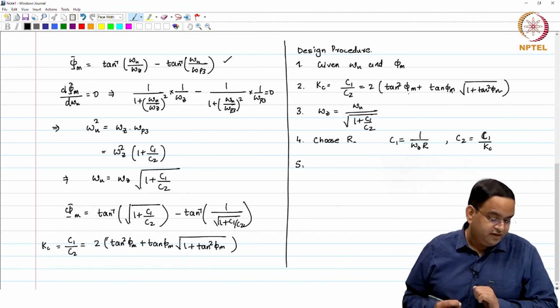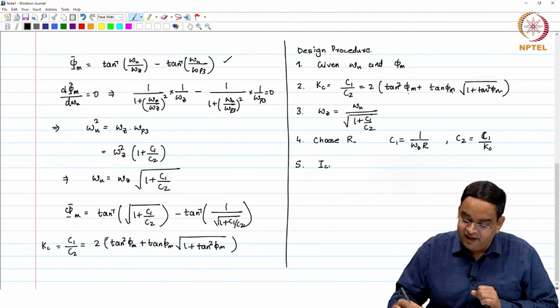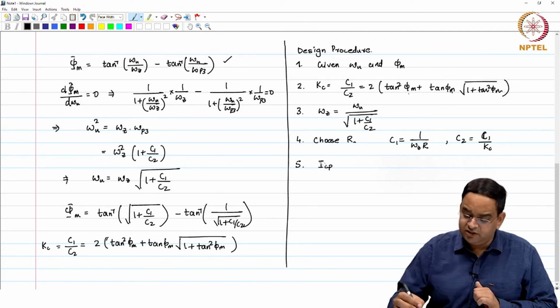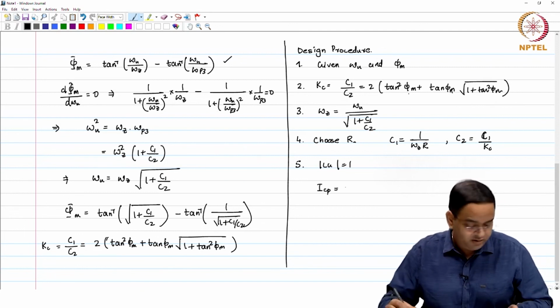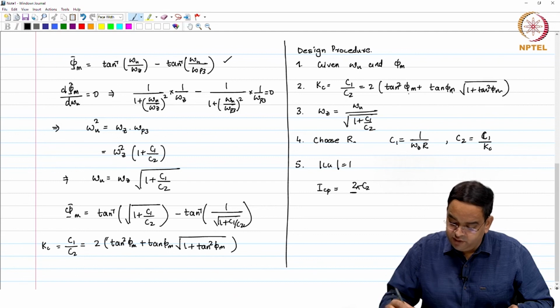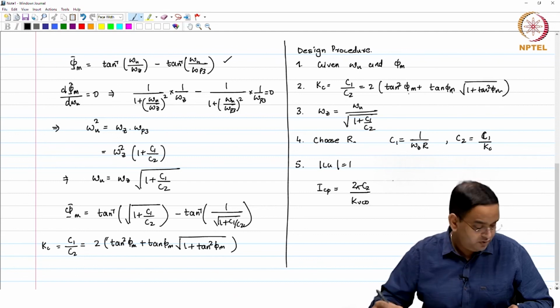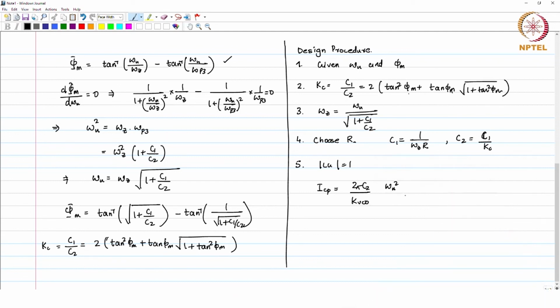Once you know your C1 and C2, using the fact that the modulus of loop gain is equal to 1, you can find your ICP as 2 pi C2 by K VCO into the square root of omega u square divided by omega p3 square plus omega u square, divided by omega z square plus omega u square.